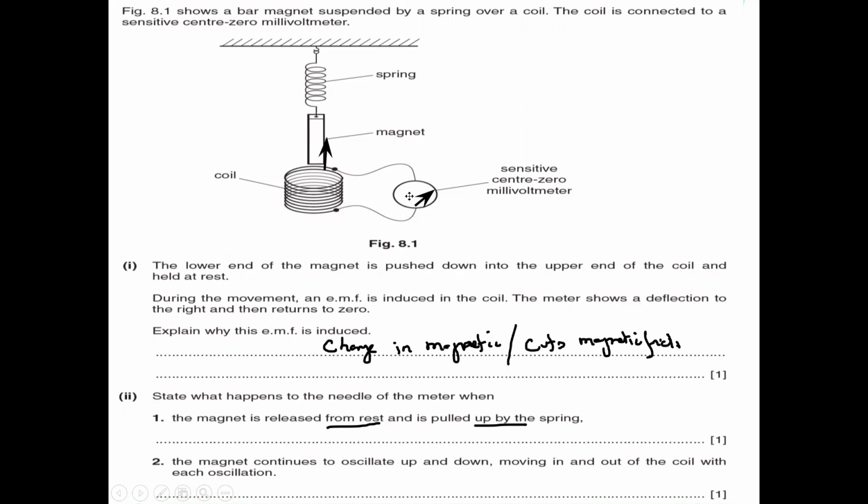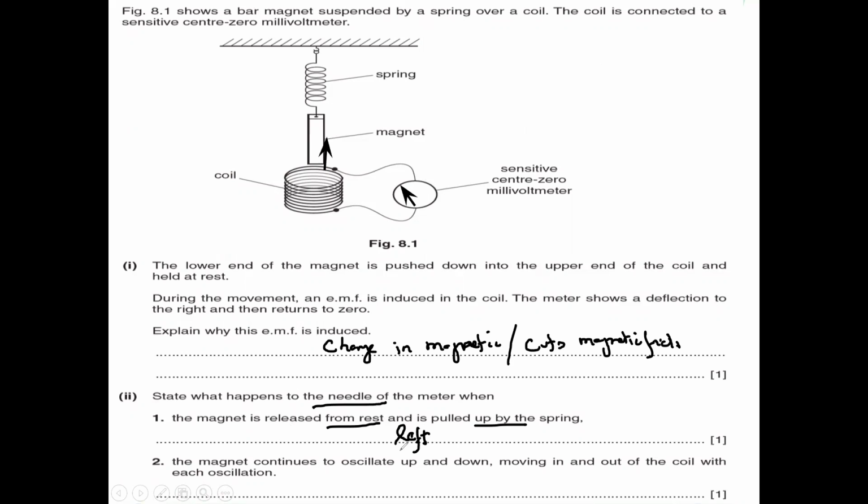If it deflected towards the right when it was going down, now it will deflect towards the left when it is going up. The magnet is released from rest and pulled up by a spring, so it will deflect in the opposite direction, to the left.